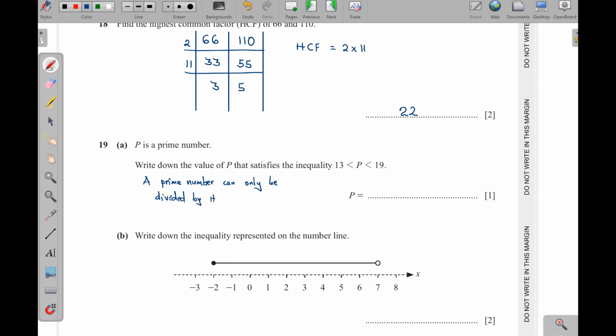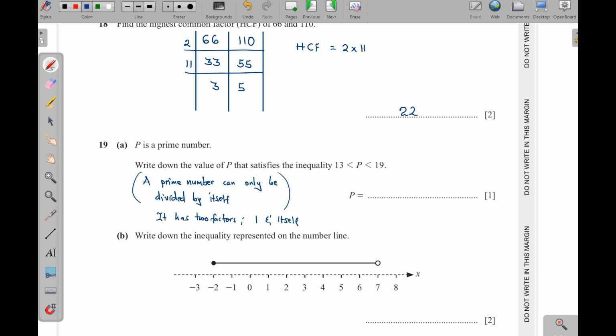Of course, when you get a number and you divide it by itself, you get 1. So that means it has 2 factors. Those 2 factors are 1 and itself.